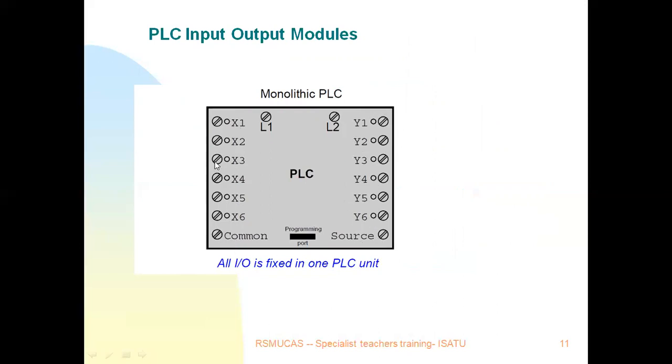Sometimes we use x, sometimes I for the inputs, and sometimes Q for the output, and here it is Y. Those are just labeling. This type of PLC is what we call a monolithic PLC, meaning it has a fixed number of inputs and a fixed number of outputs.